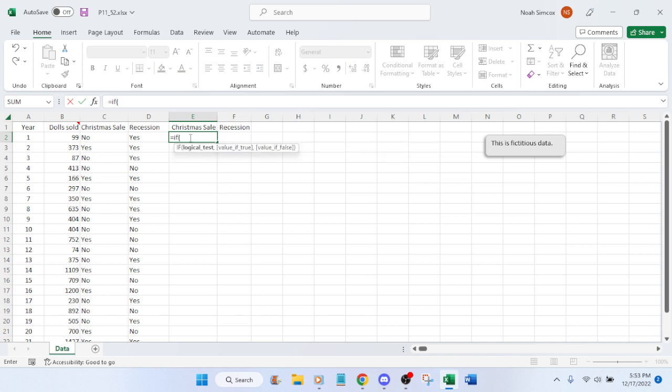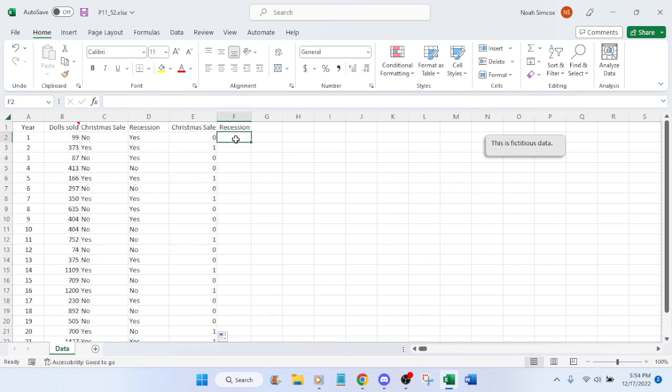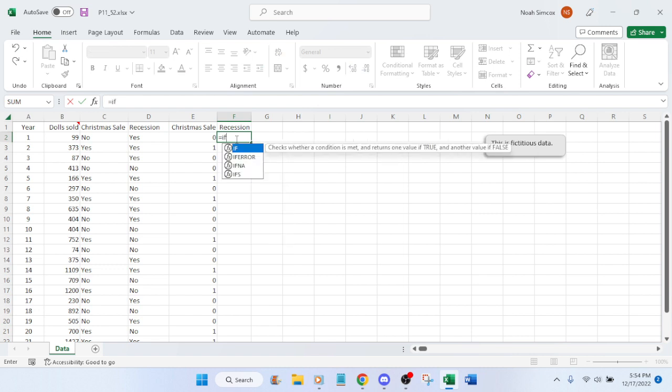If this equals yes, then 1, otherwise 0.